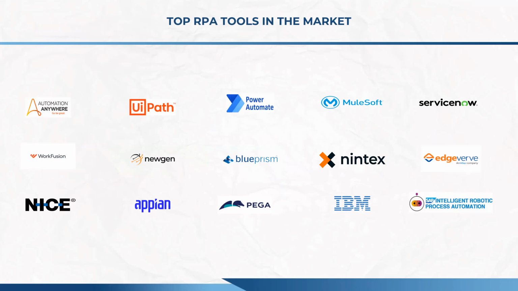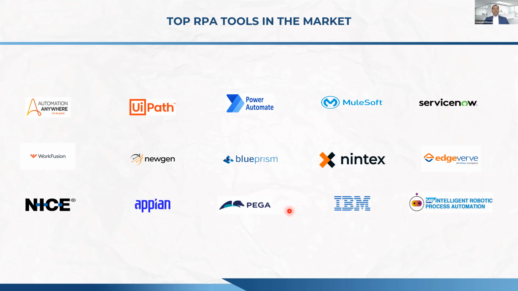Top RPA tools in the market. So according to the Forrester and Gartner reports, these are the top RPA tools in the market: Automation Anywhere, UiPath, Microsoft Power Automate, MuleSoft, ServiceNow, WorkFusion, NewGen, Blue Prism.